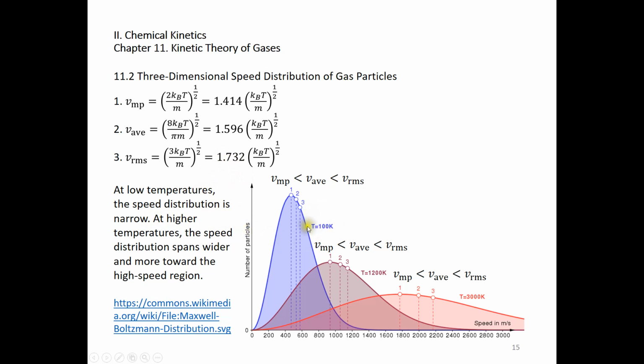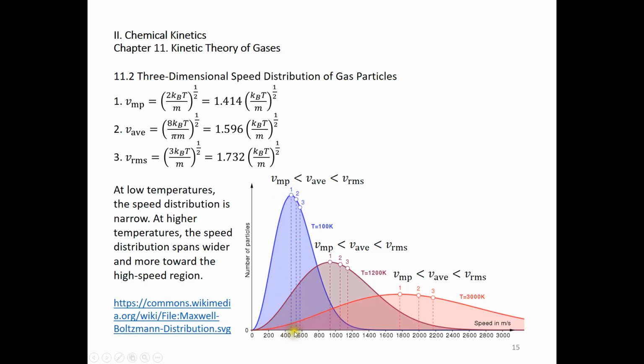Low temperature 100 K, high temperature 1200 K, really high temperature 3000 K. This is the distribution of the speed at different temperatures. You can see at lower temperature 100 K, this distribution is narrower. This is average, this is most probable, this is RMS.